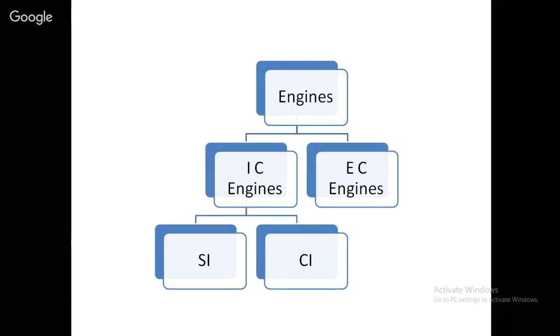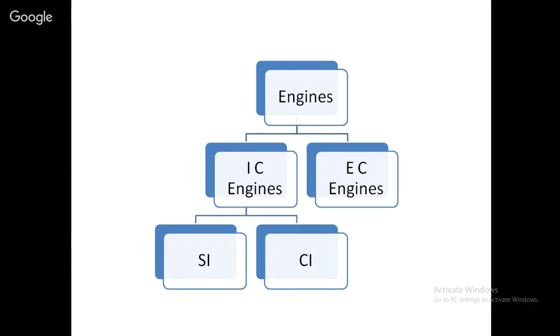So SI and CI are two broad categories of internal combustion engine on the basis of the ignition process. SI stands for spark ignition, whereas CI stands for compression ignition.